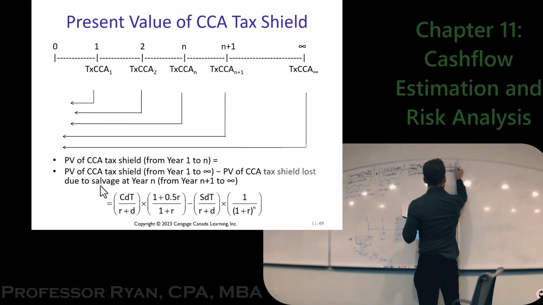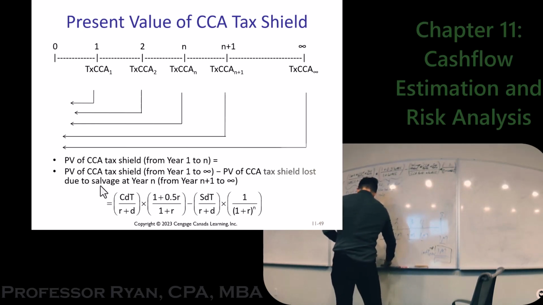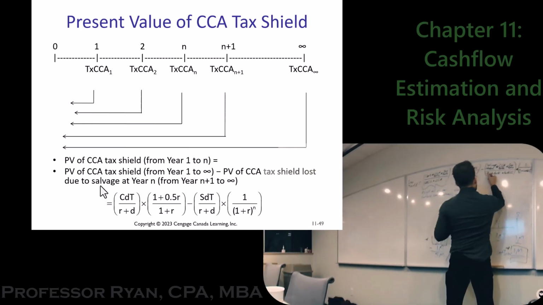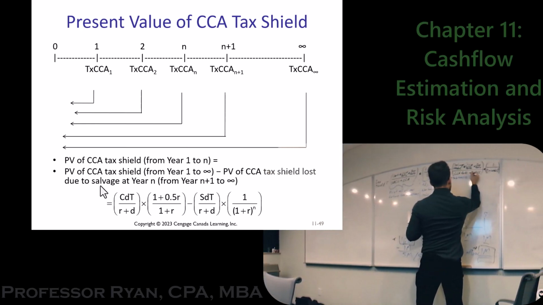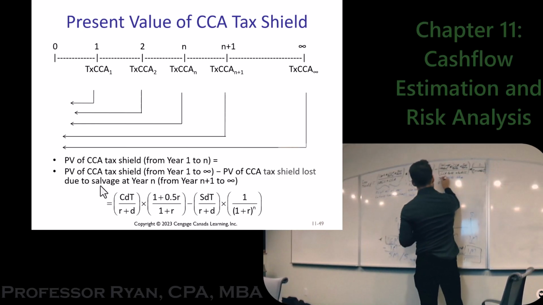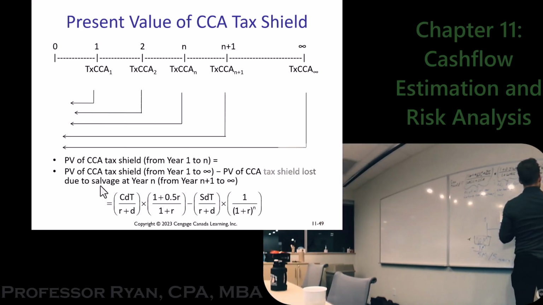What that does is, I'll break this one down first. This basically just subtracts the present value of the salvage cash flows, the present value of the salvage value of the equipment.